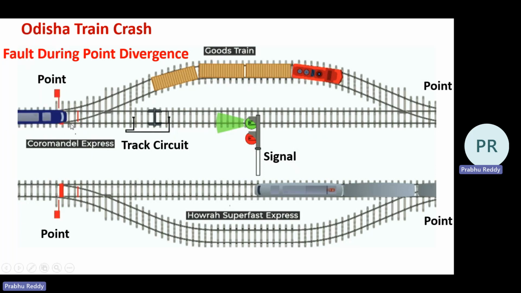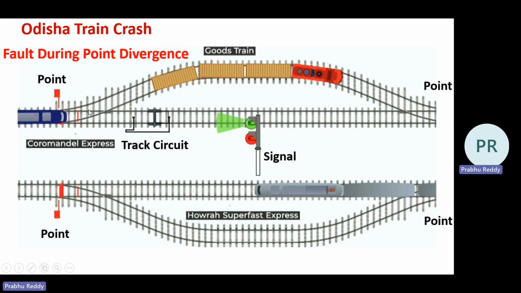During the train crash, the fault happened with the point. This point had to allow the train to move forward in the straight direction. There was a fault in this, so it directed the train to move onto the diverging line.